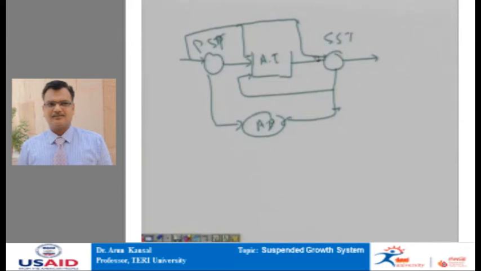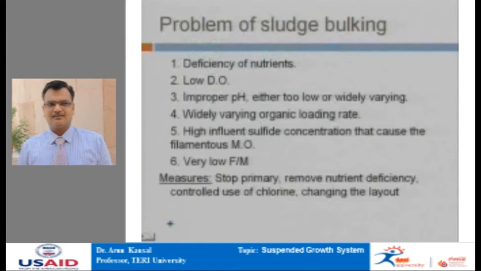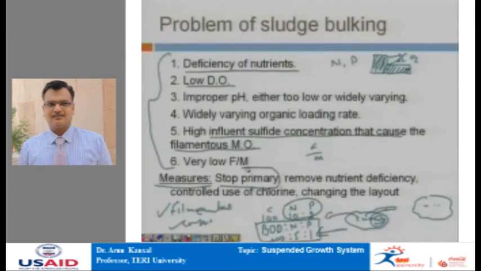So for the time being, if we just bypass the primary settling tank, it will reduce the sludge volume index, and the problem can be addressed temporarily. So this is what we mean by stop primary treatment, that is, bypass the primary settling tank.